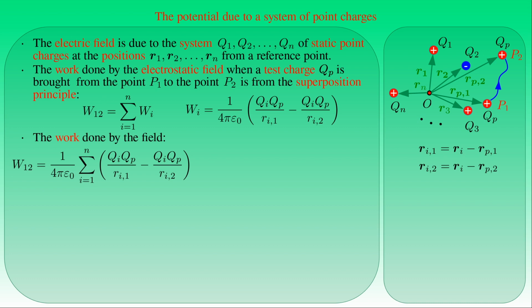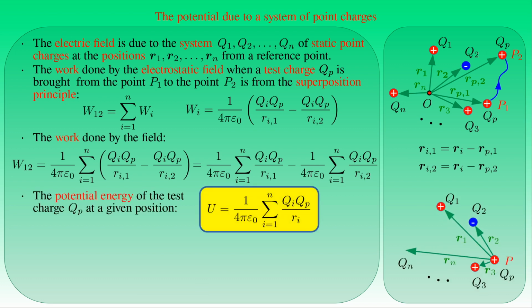By removing the parentheses we obtain two terms, and if we compare them with the expression obtained for the difference in the potential energy of the test charge Q_P at the points P1 and P2 in an electrostatic field due to an individual point charge, we can conclude that the potential energy U of the test charge Q_P at a given point P is equal to 1 over 4 pi times epsilon naught, times the sum of Qi times Q_P over the distance r_i between the point charge Qi and Q_P.